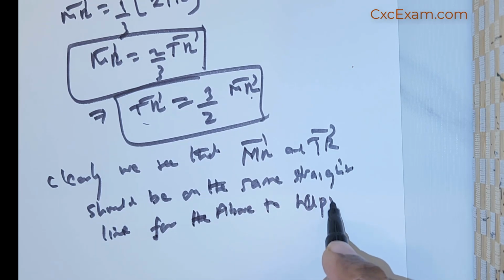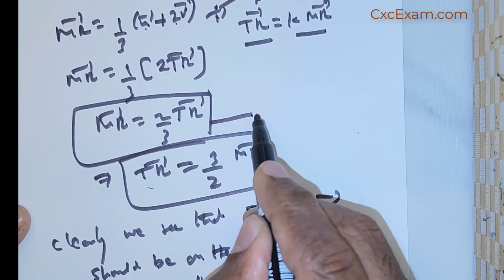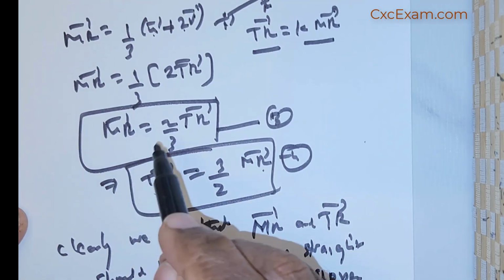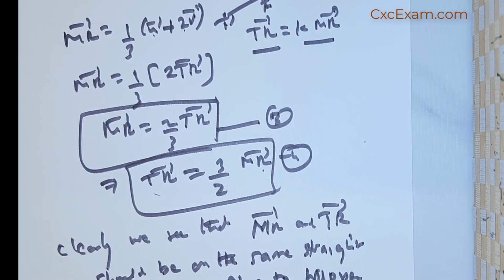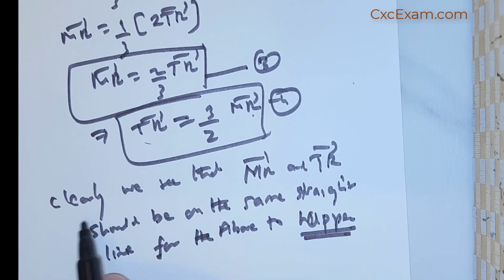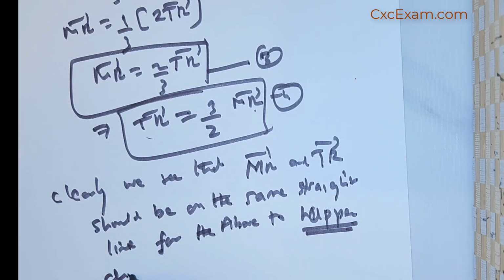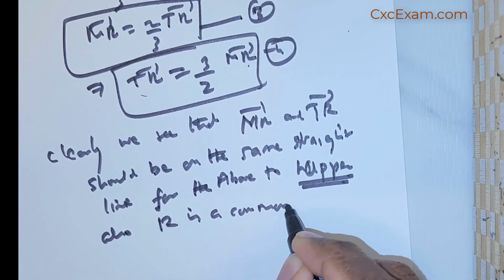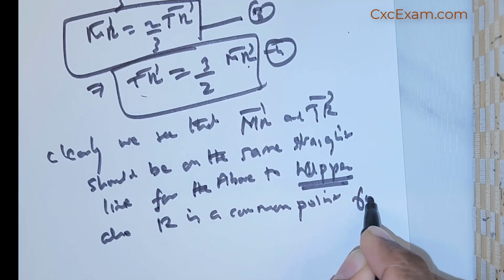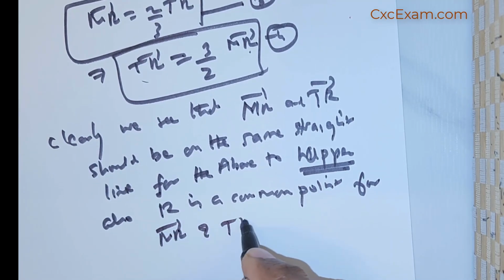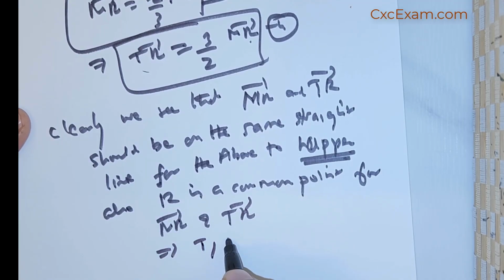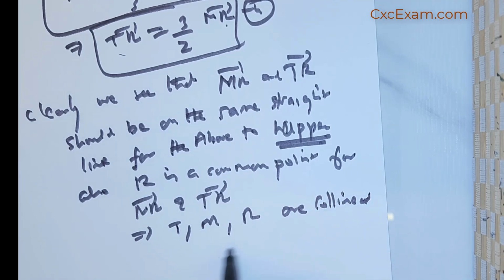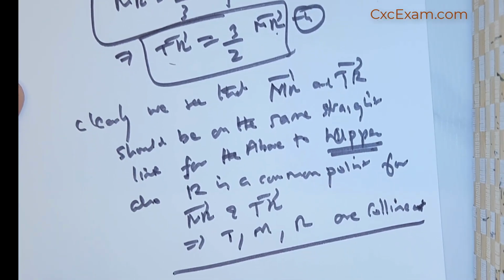You can name them 3 and 4, because each of these has been represented as a scalar multiple of the other. Also we can see that R is a common point for MR vector and TR vector. So this means T, M, R are collinear. So hence proved.